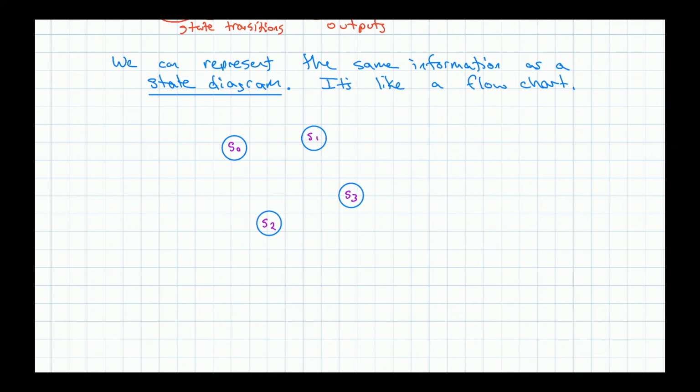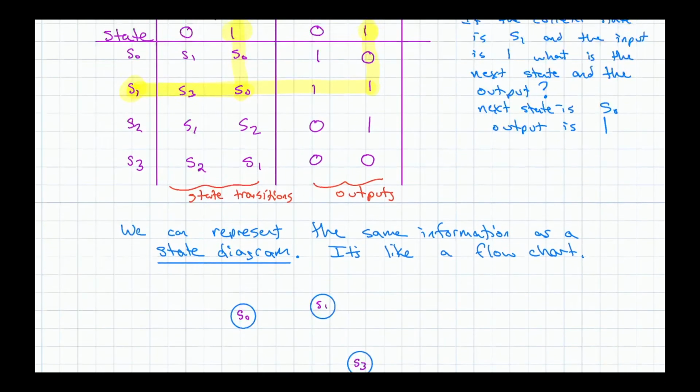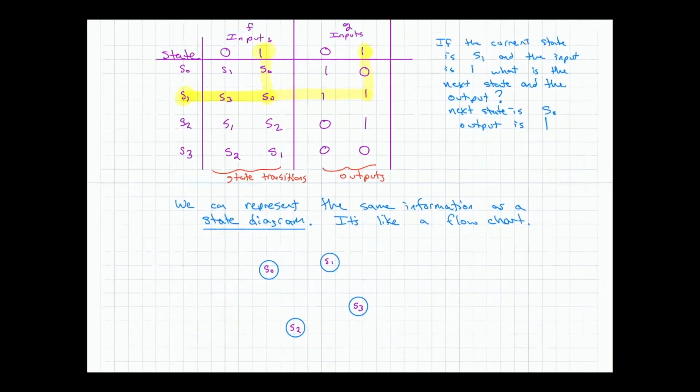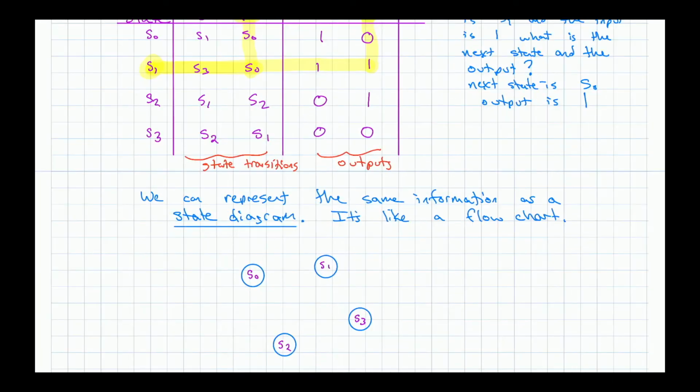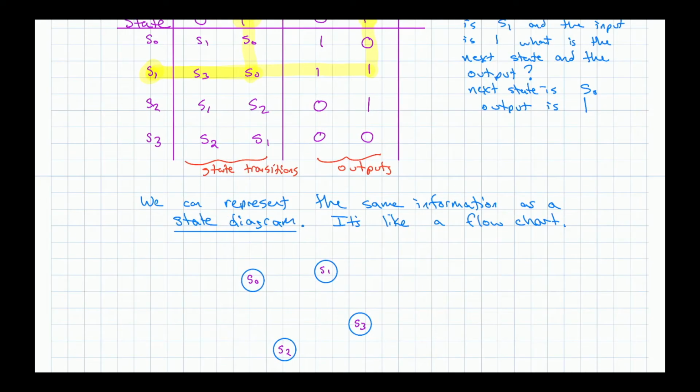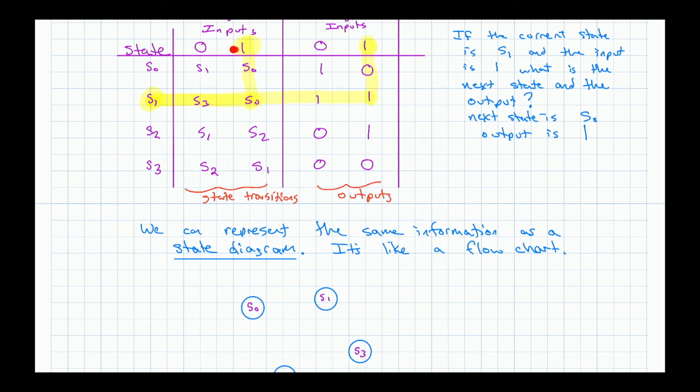And then you need to label how you go from one state to another state. So for example, let's look at the one that we just wrote down, right? If your current state is S1, then the possibilities are you move to S3 or you move to S0, based on the input that you get.